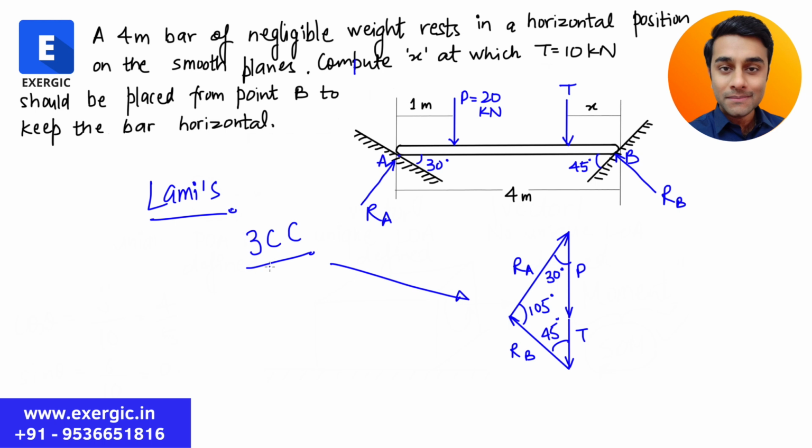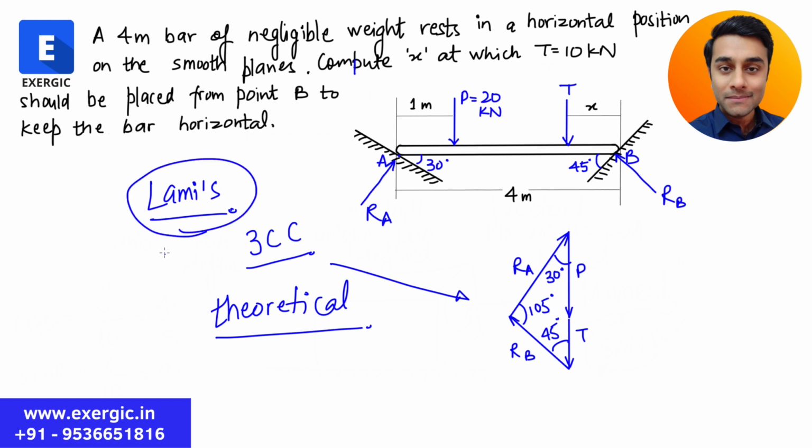That is why I chose this question, to tell you such exceptions, so that if any theoretical question is asked about when Lami's theorem is applicable, and an option says it is only applicable for 3 concurrent coplanar forces, it is incorrect.